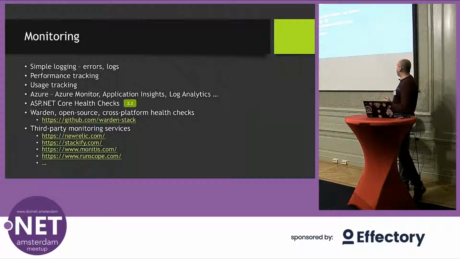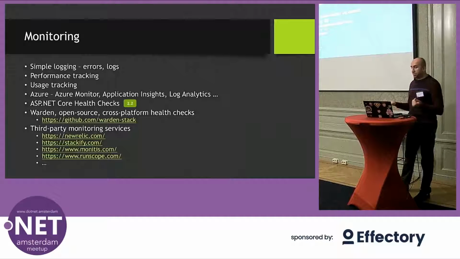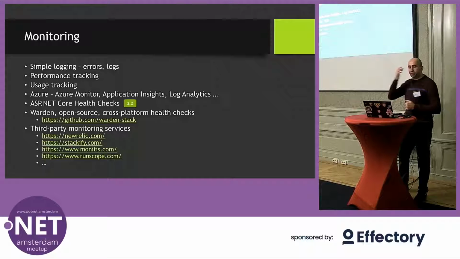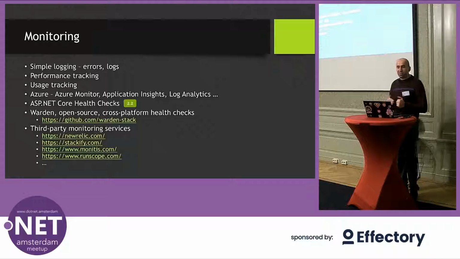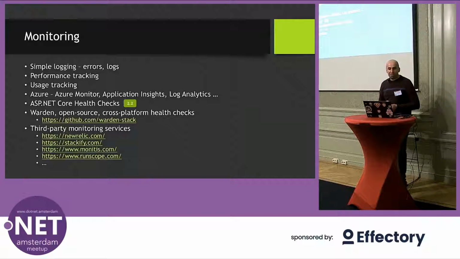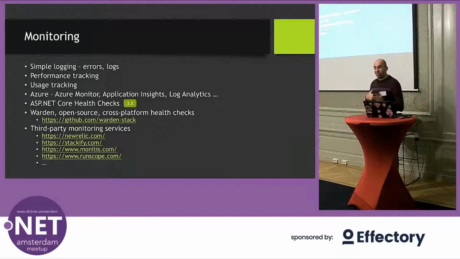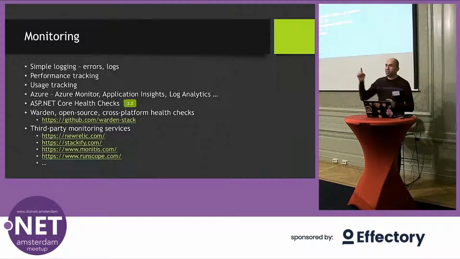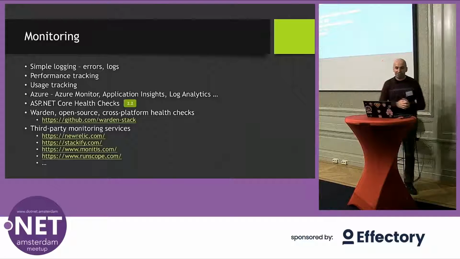You could do performance tracking, usage tracking, like this rate limiting that we mentioned before. If you are on Azure, you can use services like Azure Monitoring, Application Insights, and Log Analytics. They are pretty easy to set up. You just need to enable them in the Azure Dashboard.